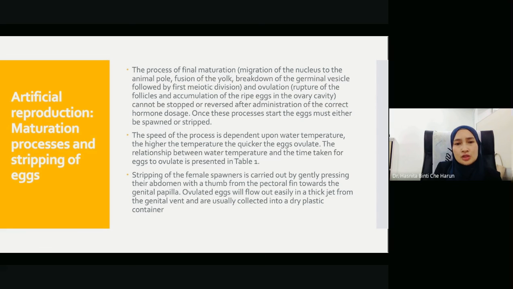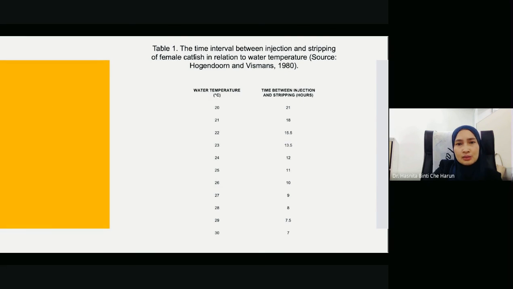The relationship between water temperature and the time taken for the eggs to ovulate can be viewed in Table 1. You could see that increased temperature will decrease the time taken between injection and stripping.